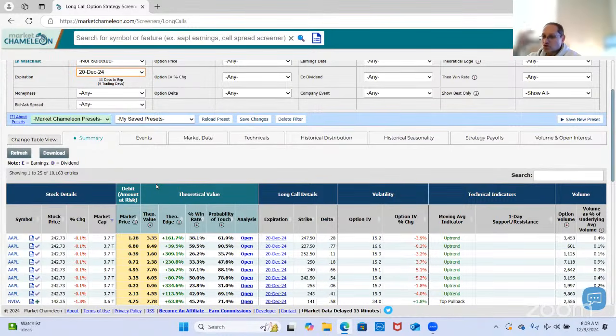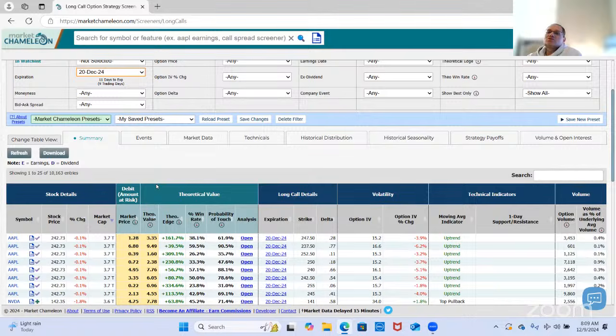Well, how does the stock usually move around, right? If we look at that, then we could say, well, based on how it moves around, going up, going down, by what percentage, what do we think that this option may be worth on average over a long period of time?